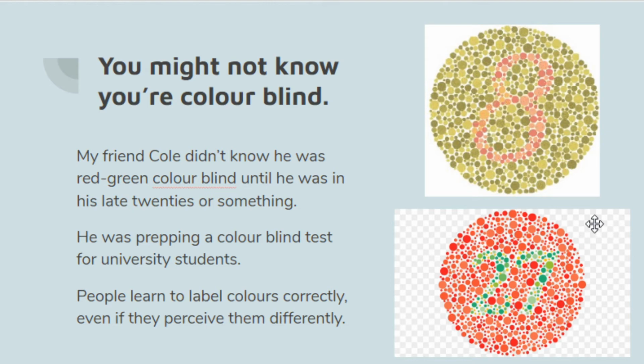So it's interesting to note that for somebody who is red-green colorblind, they might be able to see this 27 because this is almost like a blue-green, and they might not be able to see this 8 because these are different shades of green and different shades of red. The one on the bottom has quite a bit more saturated colors, and color blindness is on a spectrum.